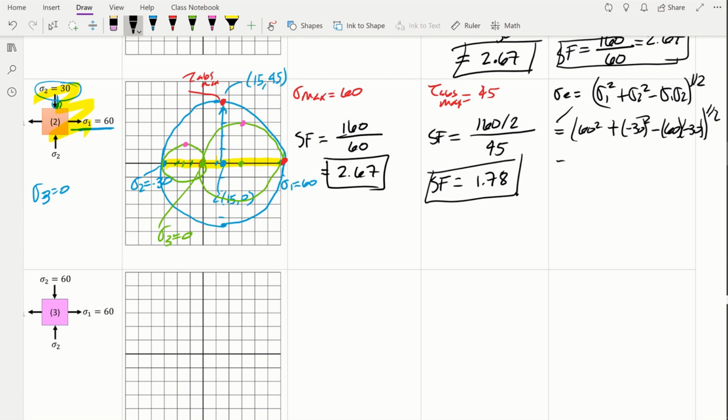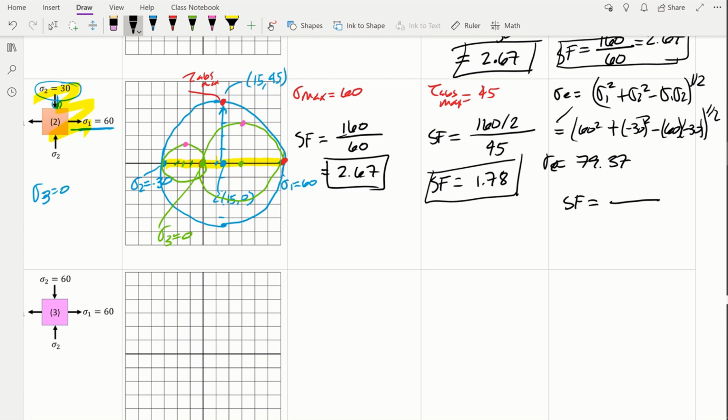When I plug this into my calculator, hopefully I didn't make any mistakes, I get an equivalent stress of 79.37. So with that number, I can go ahead and calculate the safety factor.